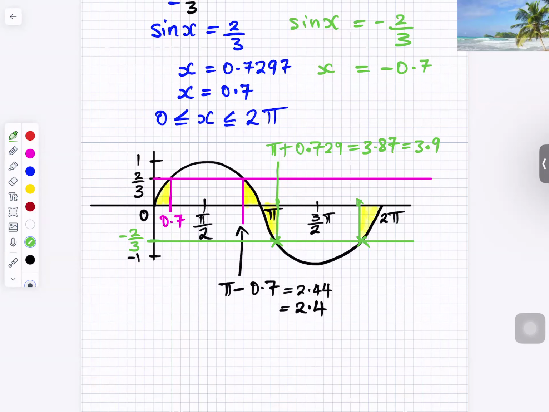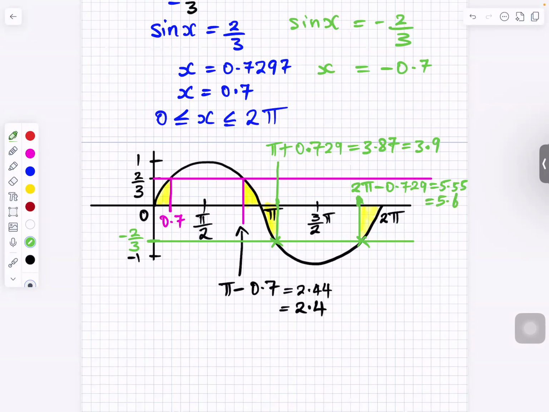And to get this next one here, it will be 2 pi minus 0.7297. So if you put it in your calculator and tell me what you get, 2 pi minus 0.7297. 5.554, which you can round to 5.6.